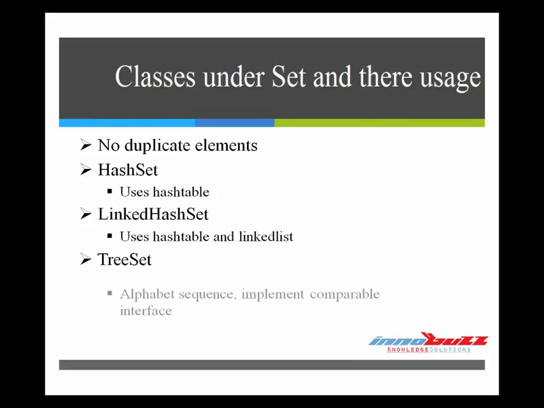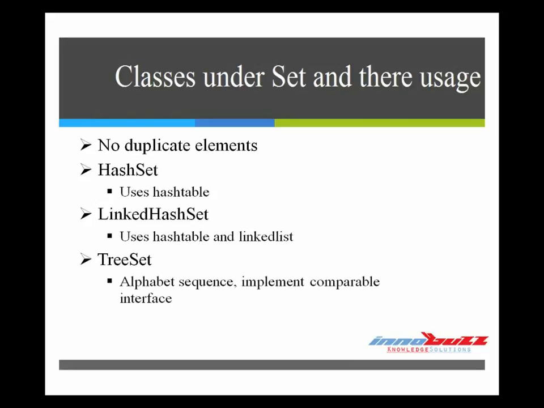This is possible because the objects which belong to tree set, the classes, must implement the comparable interface. And if you implement the comparable interface, then we have to implement the public int compareTo on the objects. So this way, the objects can be compared to each other.